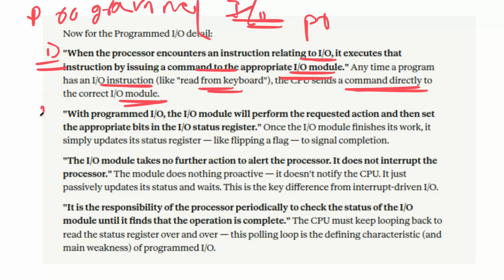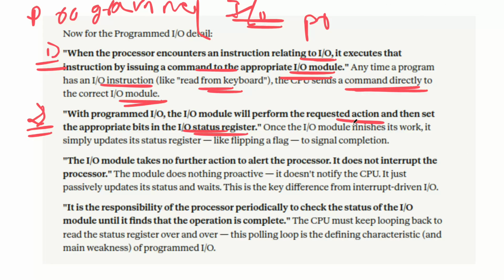Okay. So with programmed IO, the IO module will perform the requested action and then set appropriate bits in the IO status register. So we have in the IO module a status register.